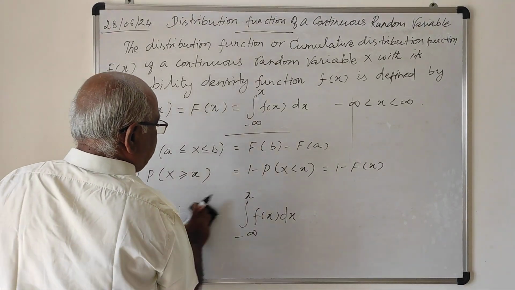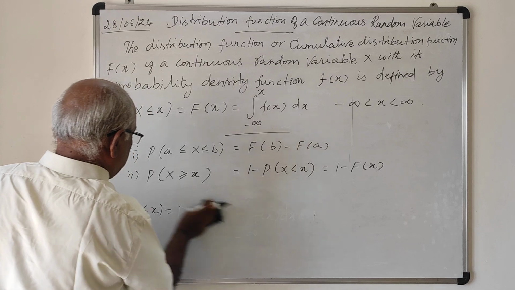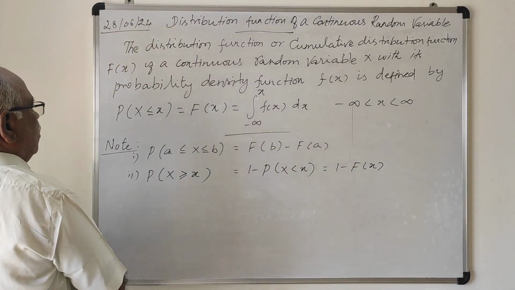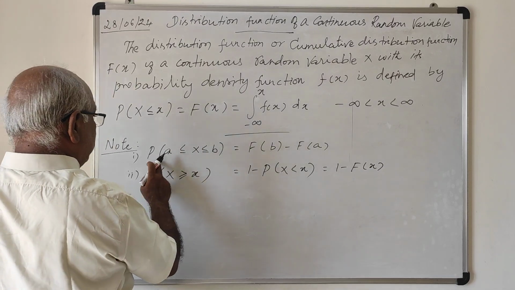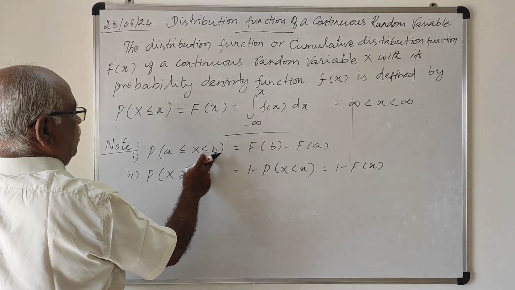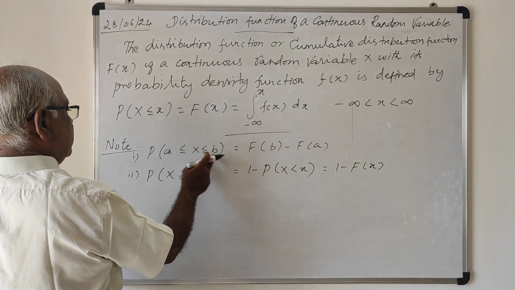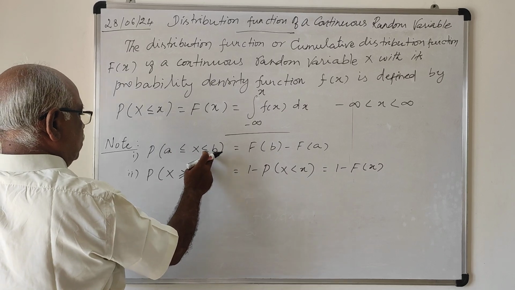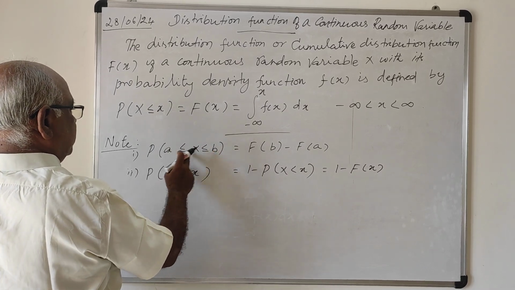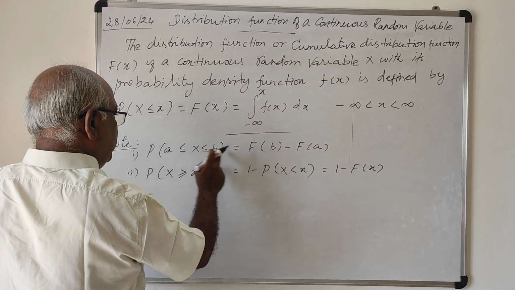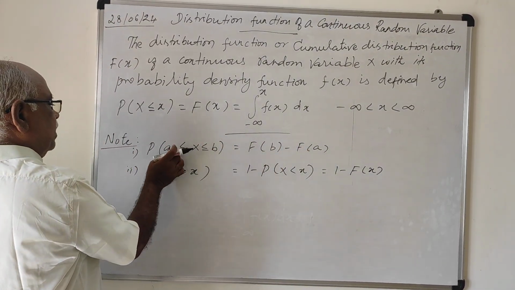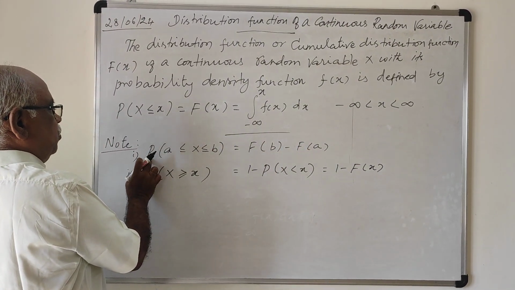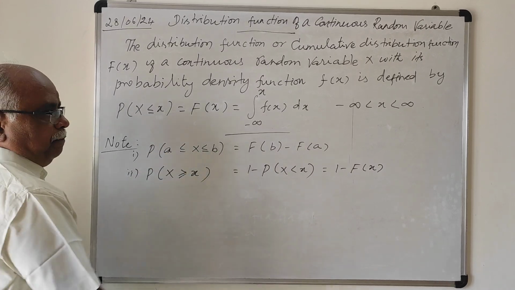And also some properties of the cumulative distribution function. The probability of x less than or equal to x is the integral from minus infinity to x of f of x dx. The probability of a less than or equal to x less than or equal to b is capital F of b minus capital F of a. That gives you the probability that x lies between a and b.